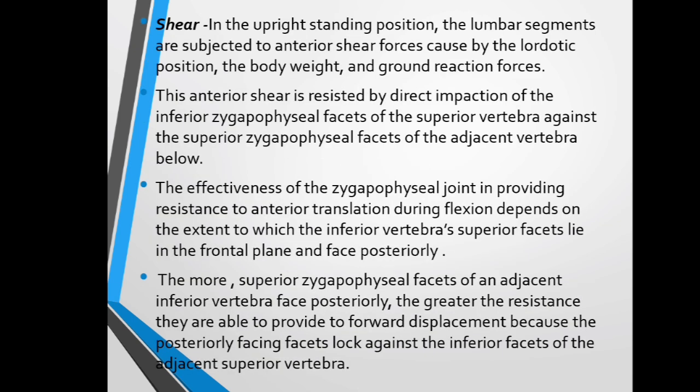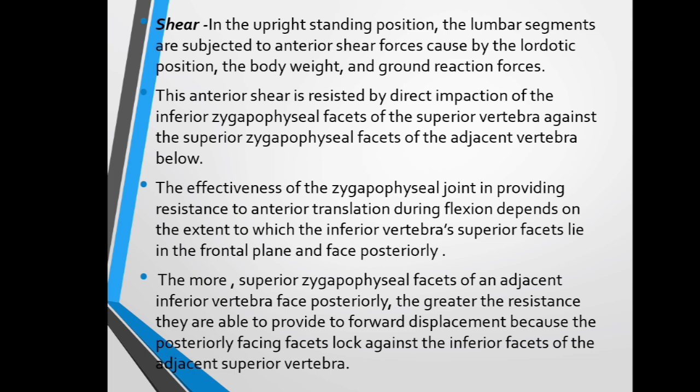Shear. The lumbar segments in the standing position are subjected to some anterior shear forces caused by the lordotic position, body weight, and ground reaction forces. This is resisted by the inferior zygapophyseal facet of the superior vertebra against the superior zygapophyseal facet of the adjacent vertebra below.